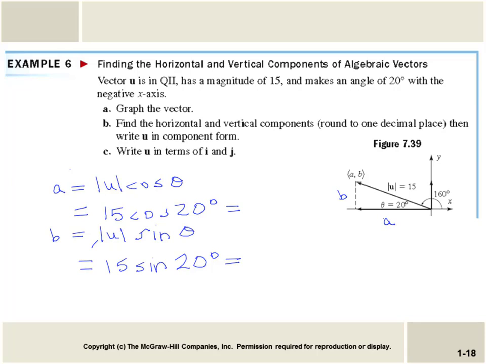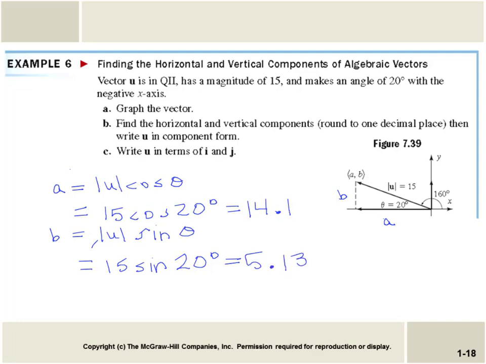Alright, so on my calculator, 20 degrees cosine times 15 equals 14.1, and sine of 20 times 15 equals 5.13.